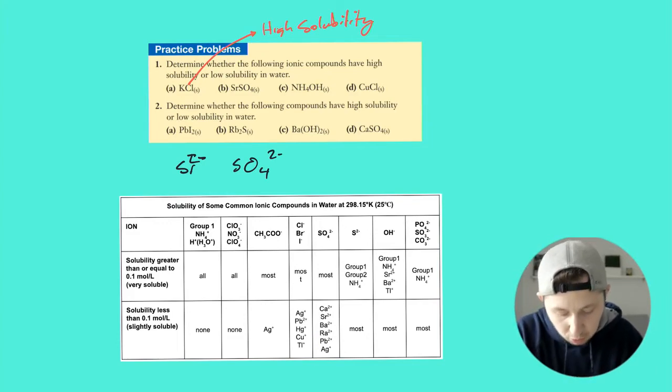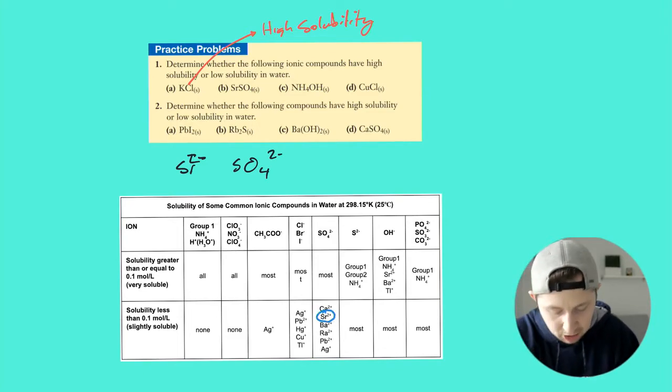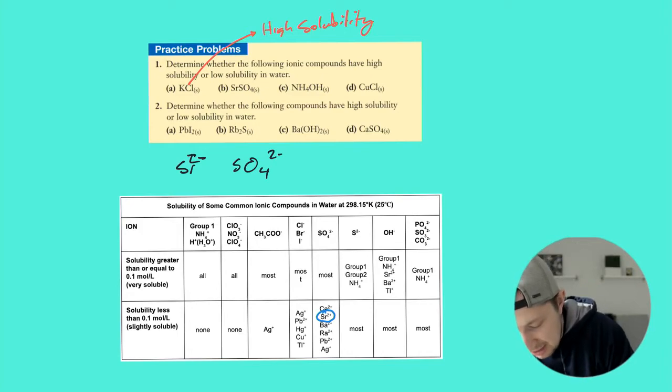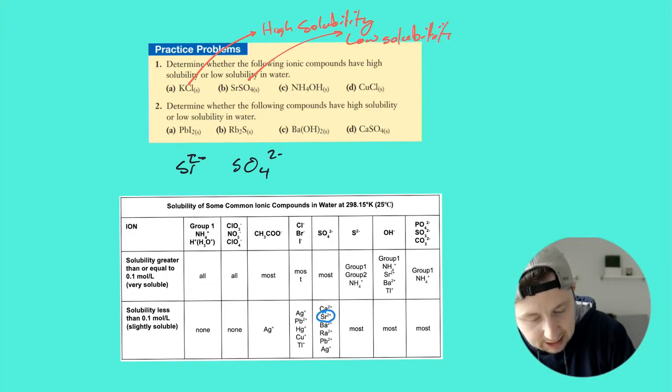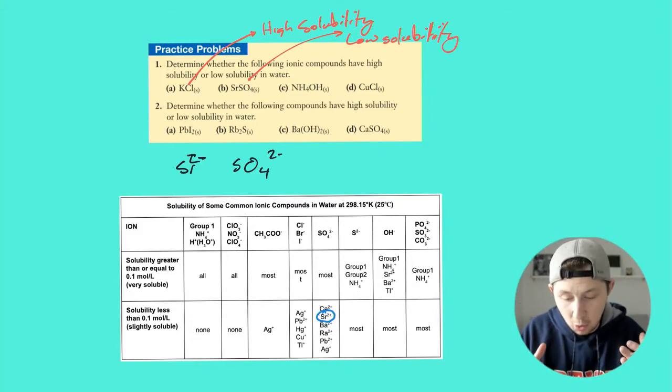Look at all of those 2+ ions and then a silver down there. So we see the one that we're combined with right here, this strontium. So what does that mean? Well, that means that officially this guy has low solubility. Low solubility, all right? So that particular substance has low solubility.